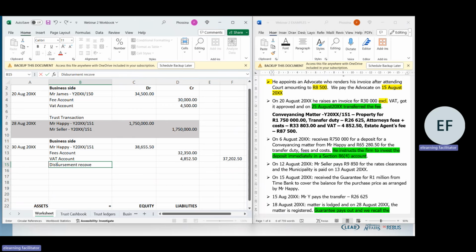So we are going to use this to pay the petties and everything. And how much is that? 38,655.50 less 37,202.50. I hope this would cover all the other costs.